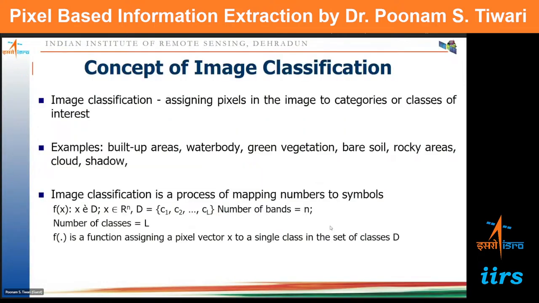Now, what is the basic concept of image classification? Image classification is assigning pixels in the image to categories or classes of interest, such as built-up area, water body, green vegetation. So we have to group the pixels and give them a class value.